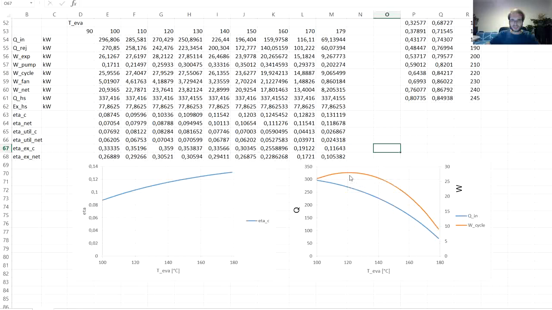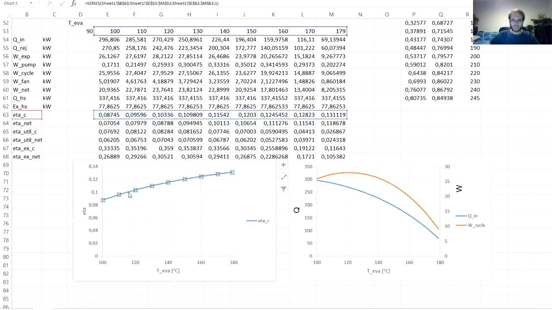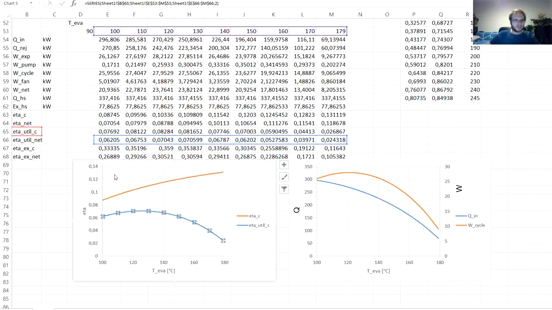Where there is the maximum work of the cycle over here. So this maximum work of the cycle also corresponds to the maximum point of the cycle utilization efficiency.